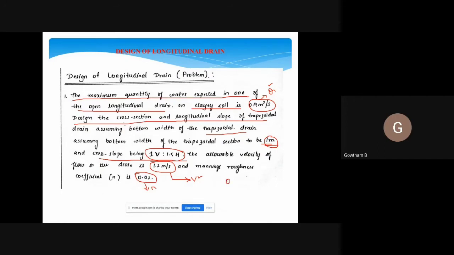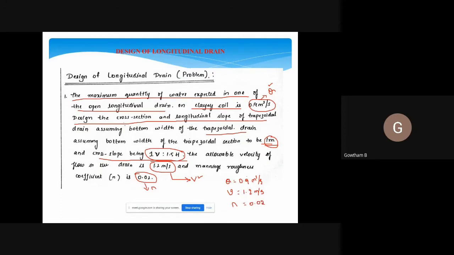The discharge in the channel is expected to be 0.9 meter cube per second, and the speed of the water in the channel we have to maintain is about 1.2 meter per second. That is the expected speed in that channel. Also, Manning's coefficient is given by the value 0.02.